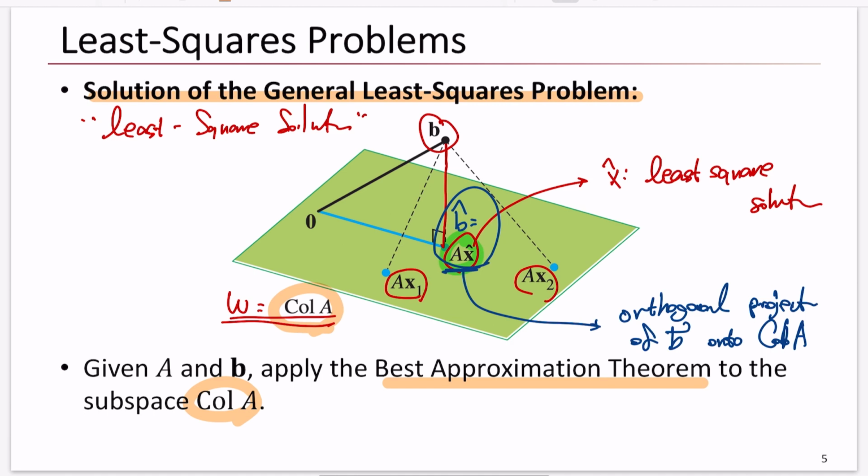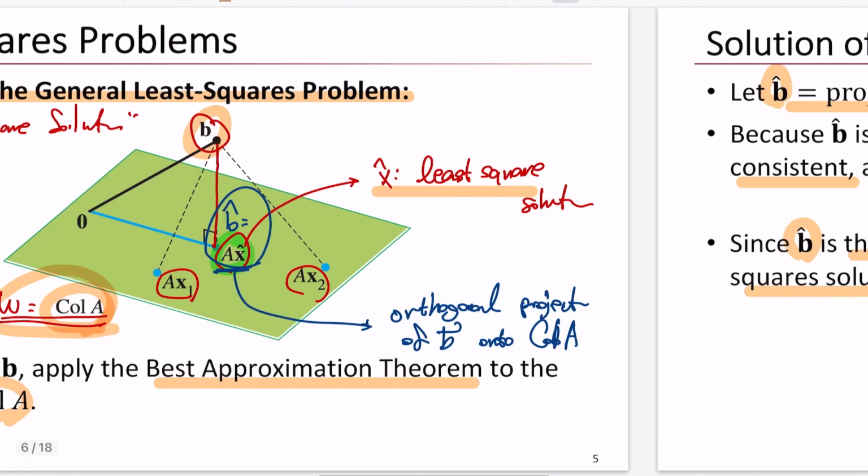So something like this. Given a matrix A with column space W, the vector b can be projected to A x hat, which is also the projection of b onto the column space. Then we can find the least squares solution x hat for A x hat equals b hat.